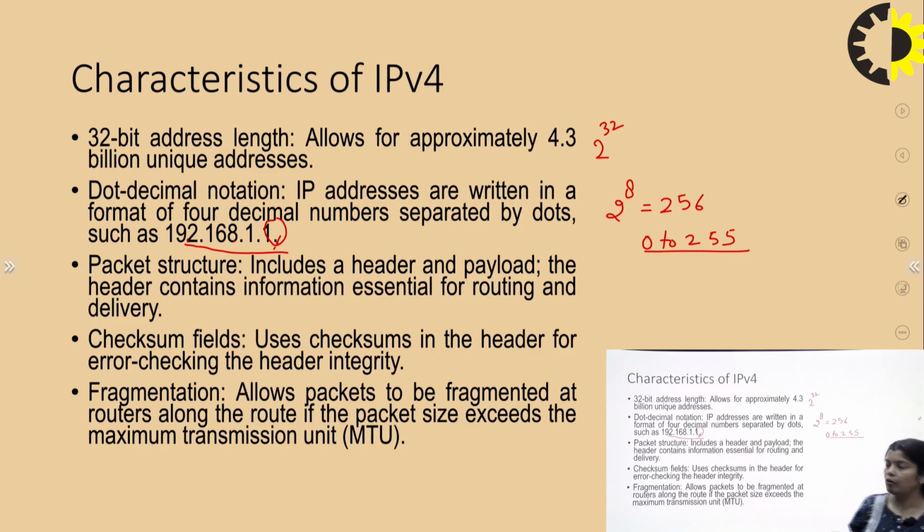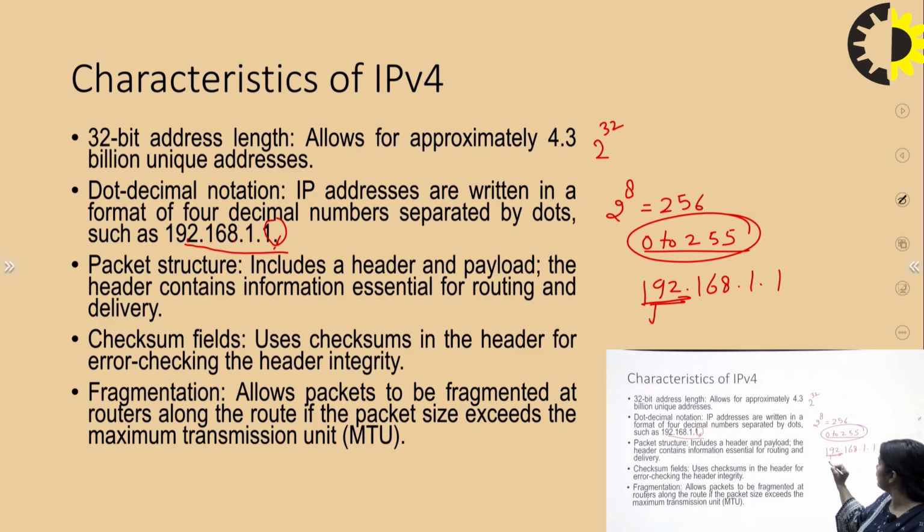It means, suppose I am writing the same address here, 192.168.1.1, what is the range? 0 to 255. Suppose this is the first octet. So the maximum value in this octet lies between 0 and 255, not more than that.